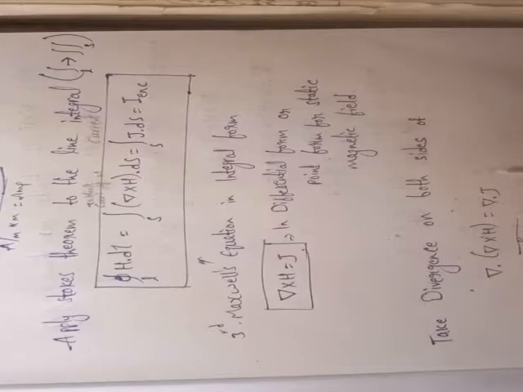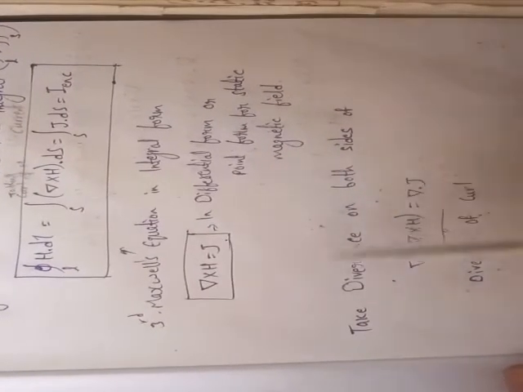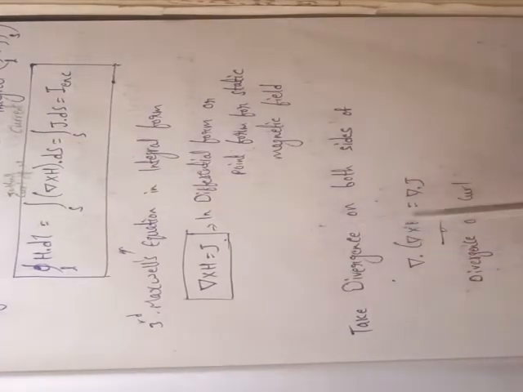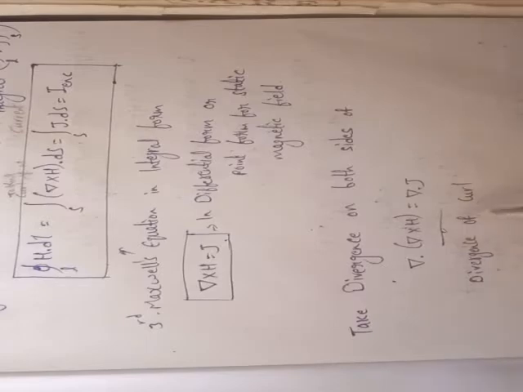for the static magnetic field. Now take the divergence on both sides of del cross H equals J, the third Maxwell's equation. Then del dot del cross H equals del dot J, where the left side is the divergence of a curl.